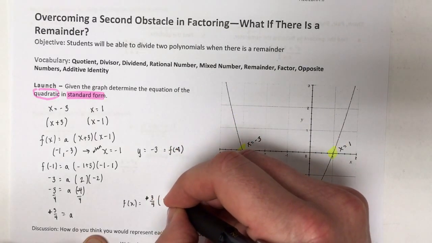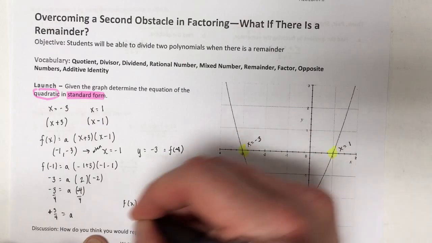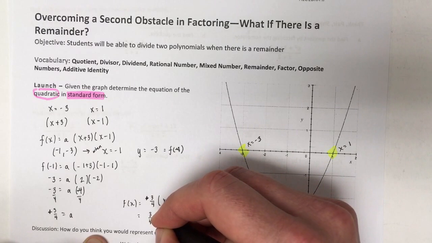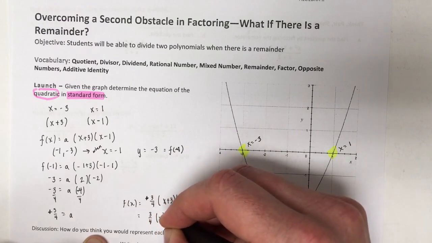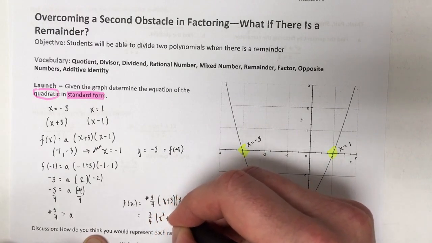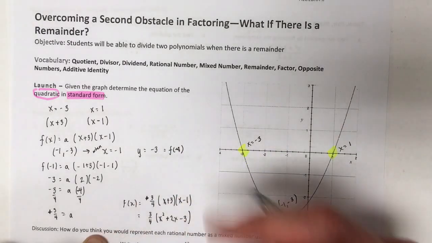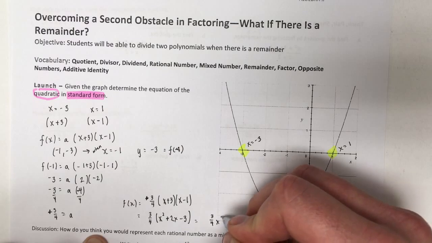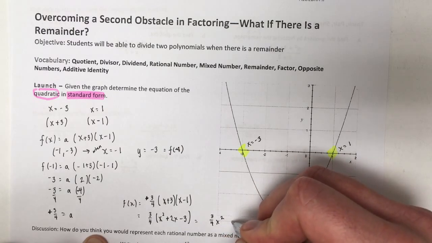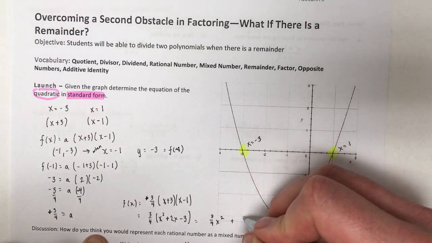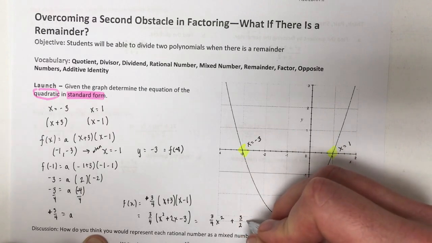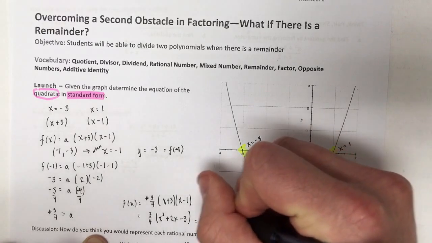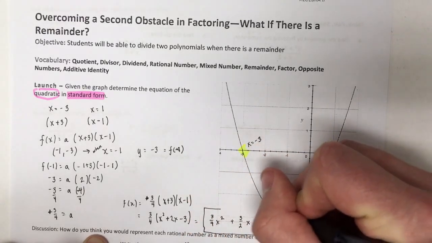So I have 3/4 times (x plus 3)(x minus 1), which equals 3/4 times (x squared plus 2x minus 3), and then I would just distribute that through, and I would get 3/4 x squared plus 3/2 x minus 9/4. So this is f of x in standard form.